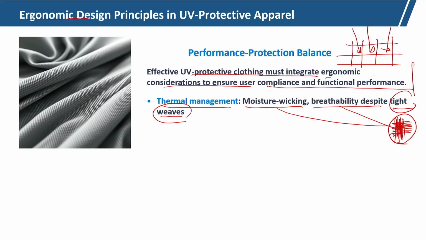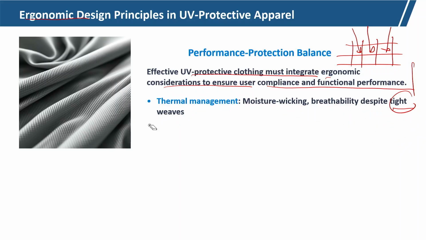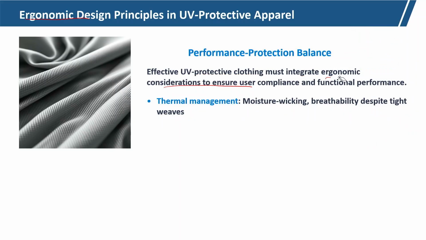It should not restrict the moisture vapor from being transmitted through the clothing. So, that engineering we should do: proper selection of fiber, and by proper designing we can create this type of requirements.